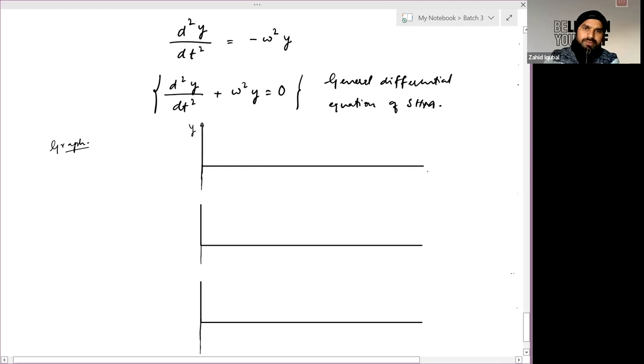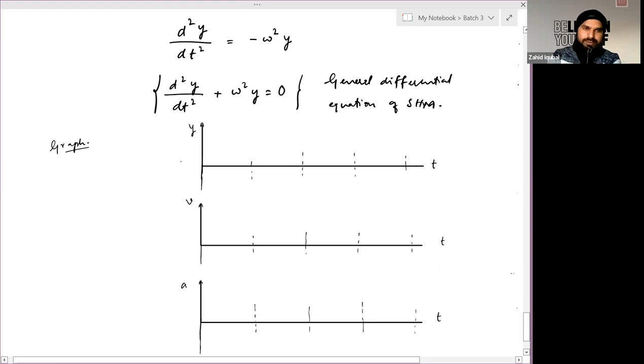First is displacement versus time. Second is velocity versus time. And third is acceleration versus time.